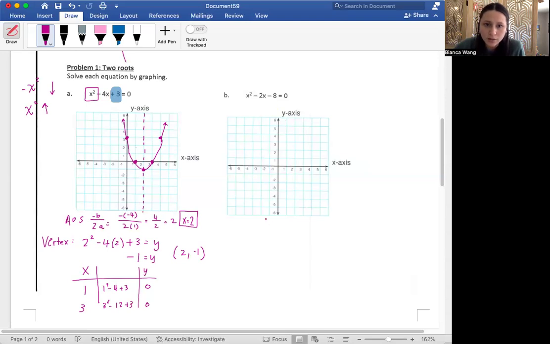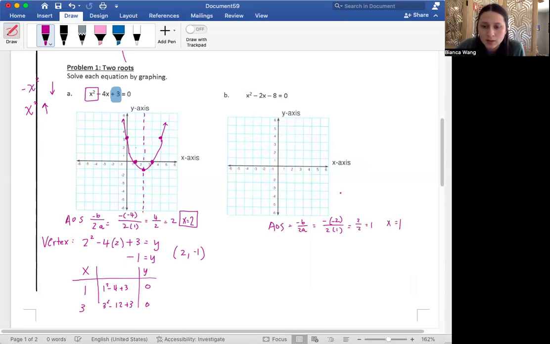So looking over here, let's review what we did earlier. First step is find the axis of symmetry, which is -b over 2a. So negative -2 over 2 times 1. So that's 2 divided by 2, which is 1.